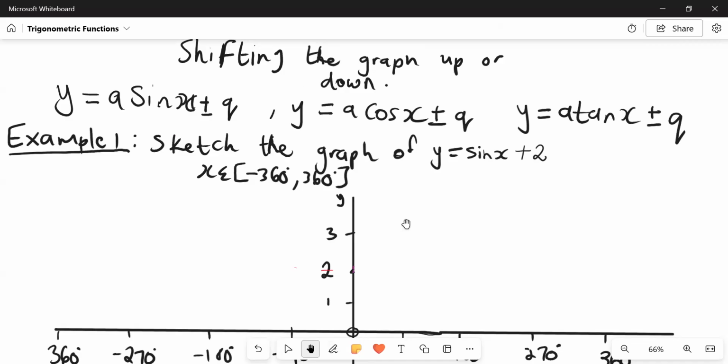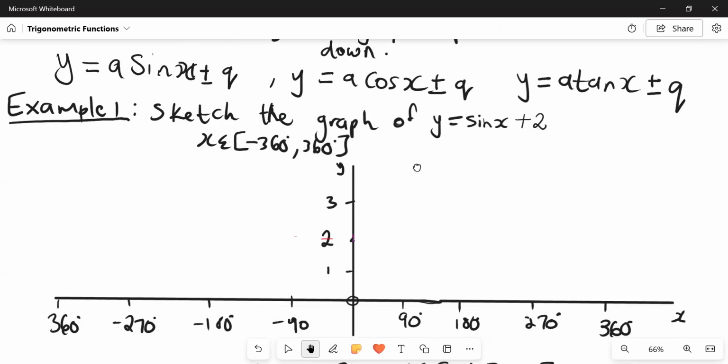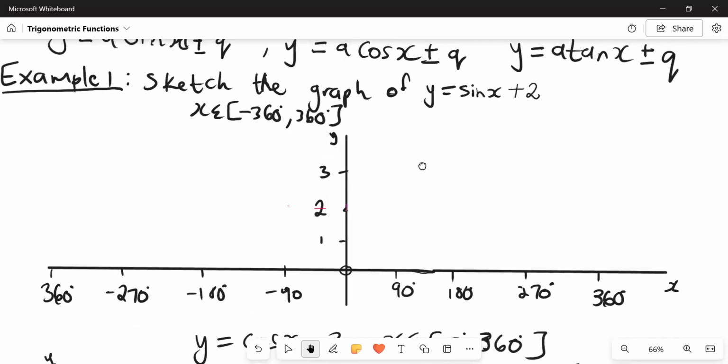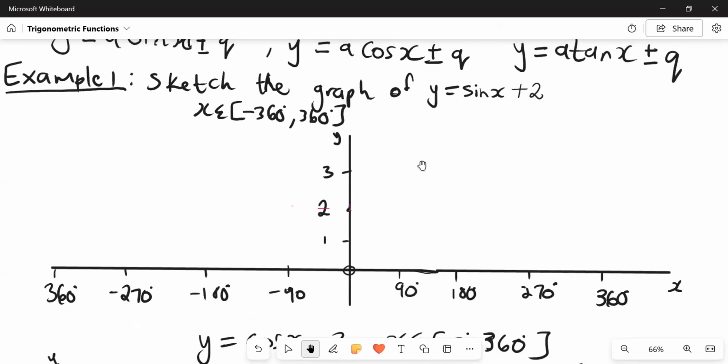Now for example 1, they're saying sketch the graph of y equals sin x plus 2. So they are simply saying the graph is being shifted 2 units up when they add 2. So your graph, which is at the origin (0, 0), has to move 2 units up.